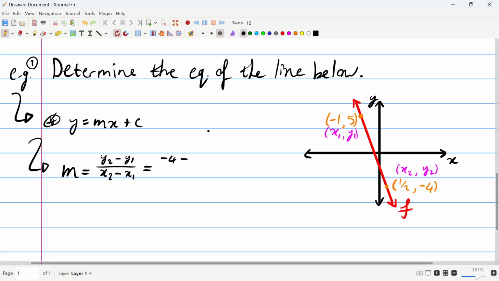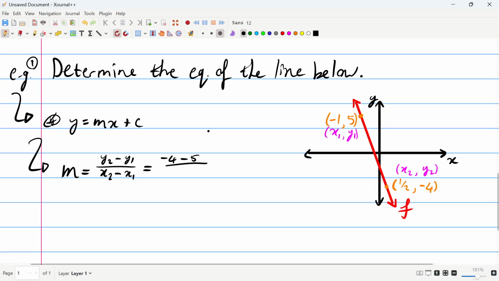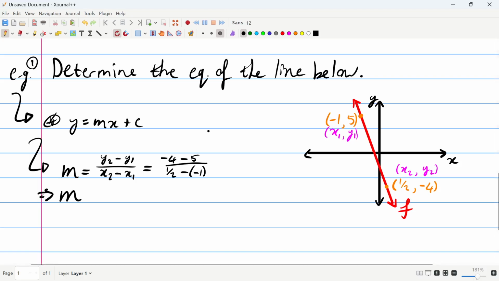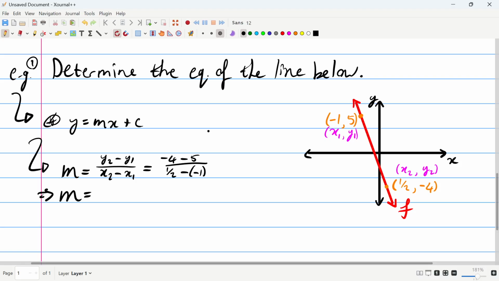Minus, we have y1, which is 5, divided by x2, which is a half, minus x1, which is negative 1. Okay? Meaning that this tells us that the gradient is equal to negative 4 minus 5, which is minus 9, divided by a half minus minus 1, so that's a half plus 1, which is just going to be equal to 3 over 2.